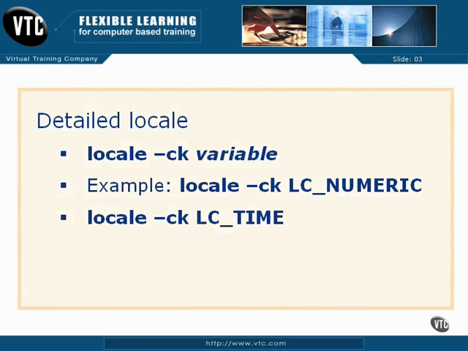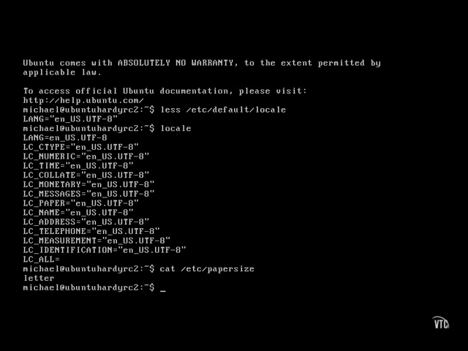Let's look at more detail on a couple of these variables, and that's possible with the locale -ck command. For example, let's see what happens when I run the locale -ck LC_NUMERIC command.